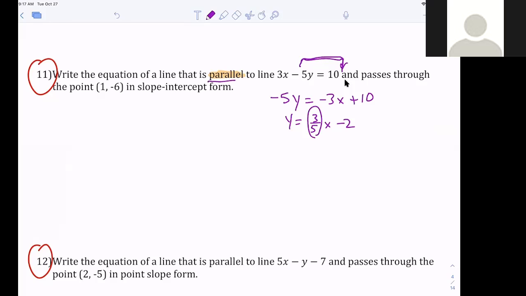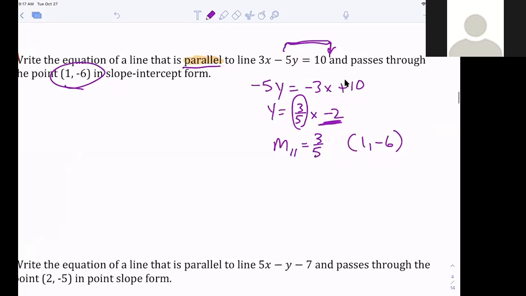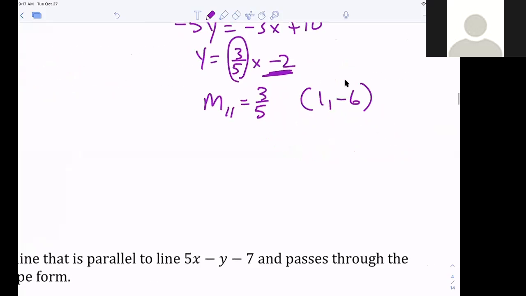So I want parallel. So what is the slope of the parallel line? 3/5. Do I care about this y-intercept? No, I'm writing a totally new line that has this point, 1 comma negative 6.